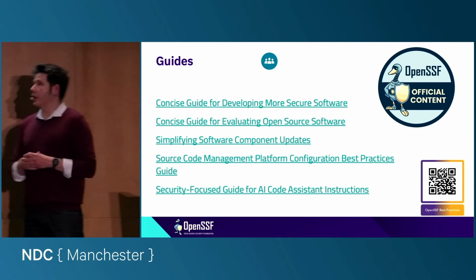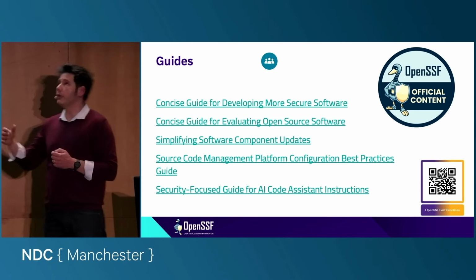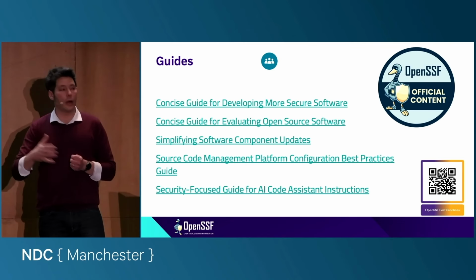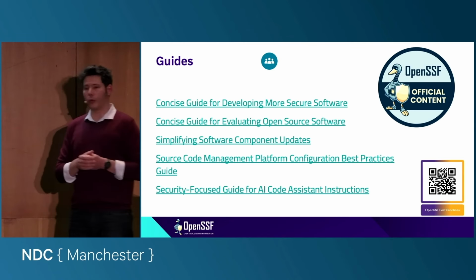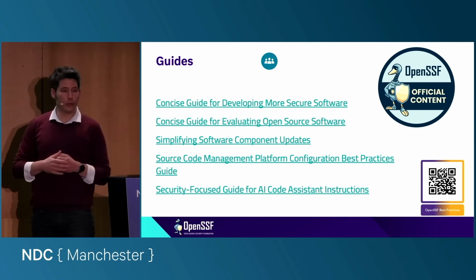If we are talking about guides, some other guides that you might find helpful are the concise guide for developing more secure software, how to assess open source software for security, or the others mentioned here.